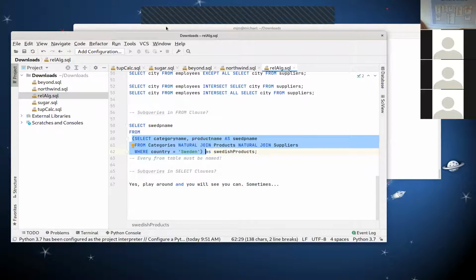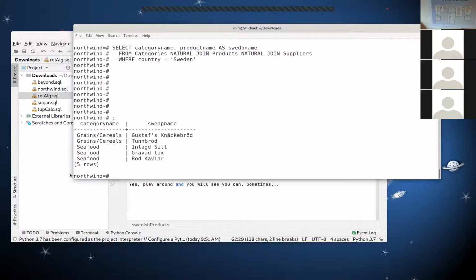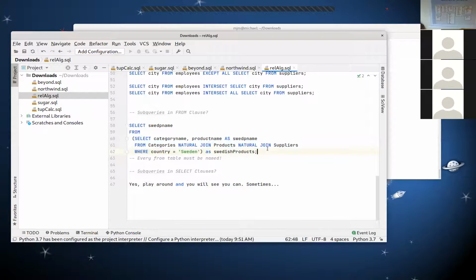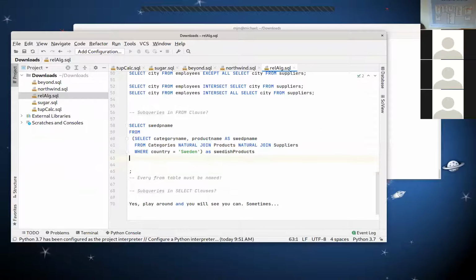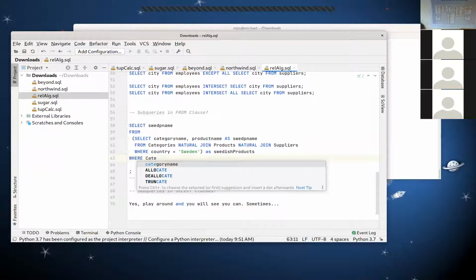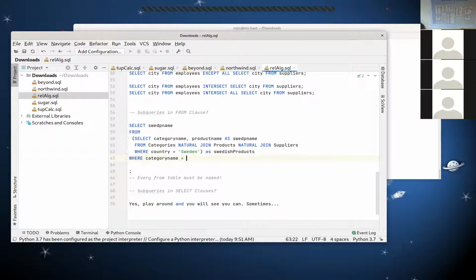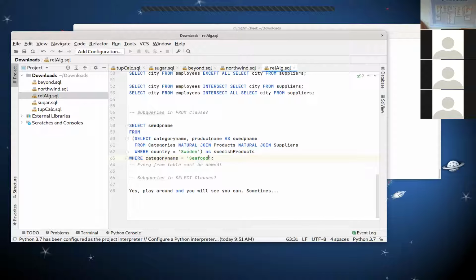So I could do something like this, if you really wanted to get into it. Where the category name is seafood. So it's going to bring out the full table here, and then it's going to do a select.